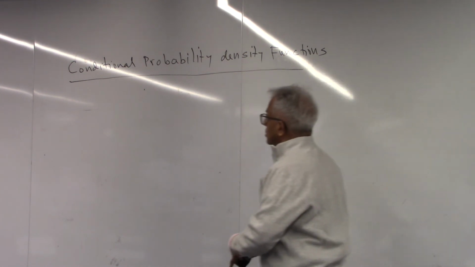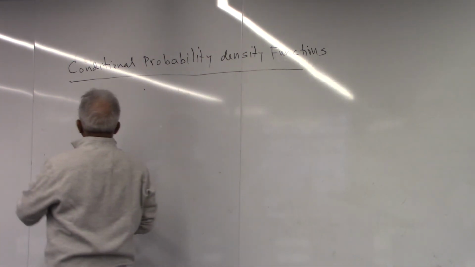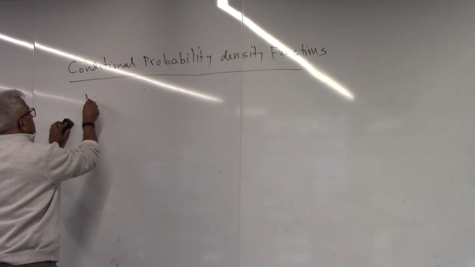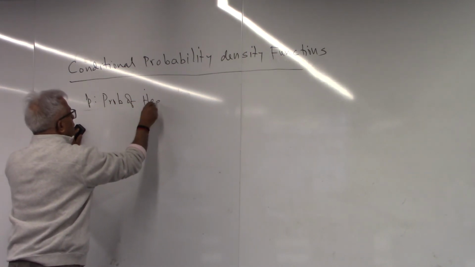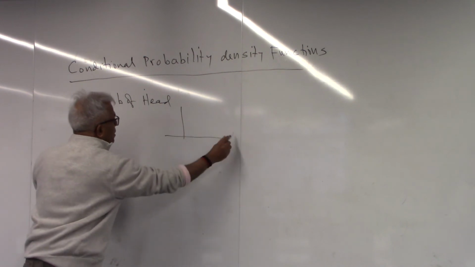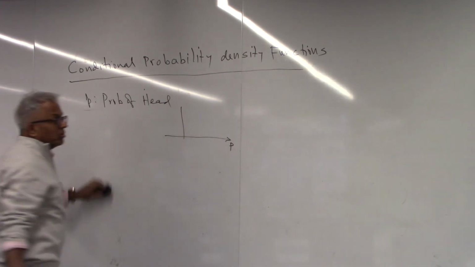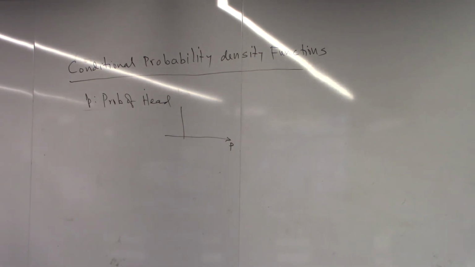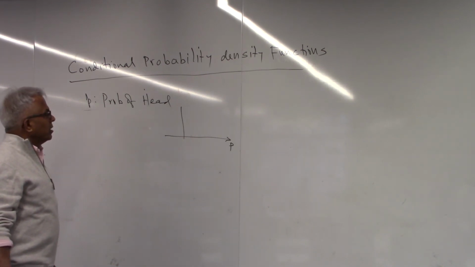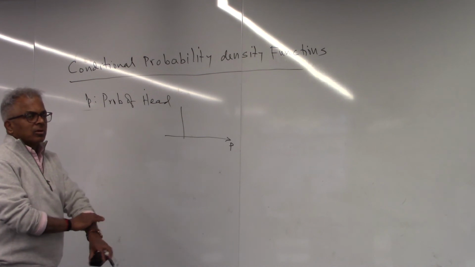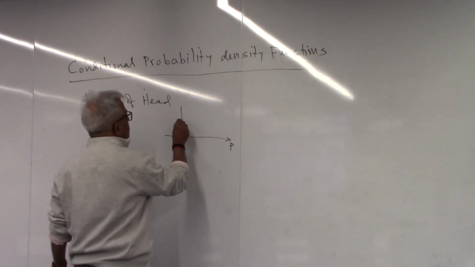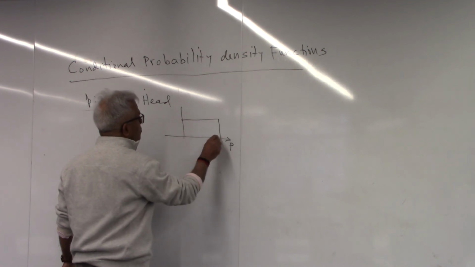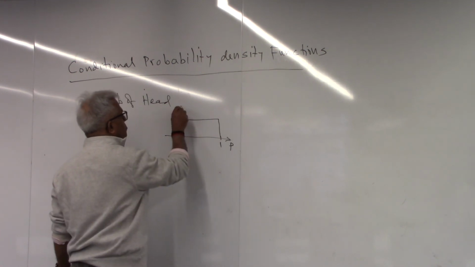So if P represents the probability of head in a toss, P is a random variable because we have no idea whether it is biased or unbiased. So a non-prejudiced approach would be to treat this as a random variable, and since we have no information, we could take it to be uniform.